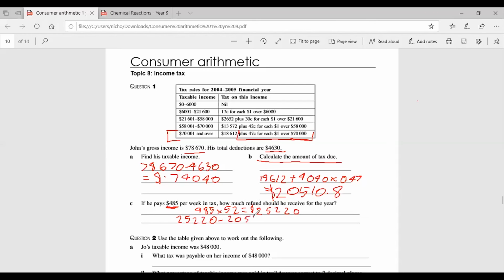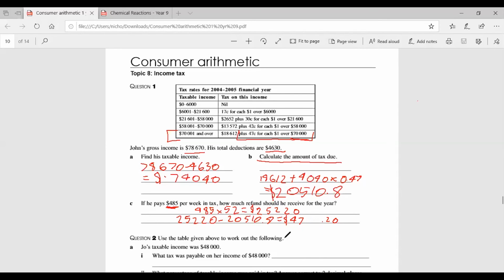Perfect. Which gives us $4,709.20. Does that make sense? Sorry, that should be a 9, shouldn't it, not a 90.